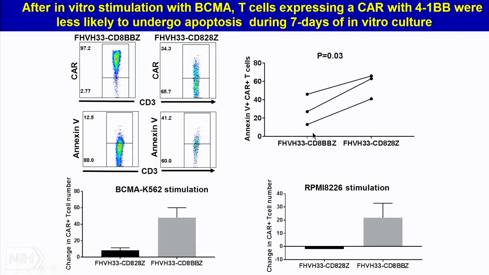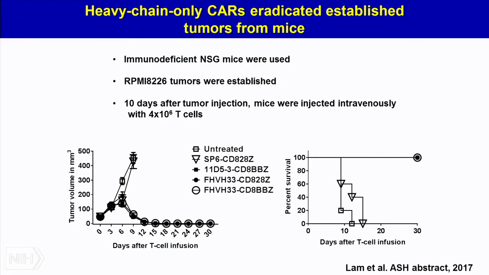This was found in 3 out of 3 patients with higher levels of apoptosis in the CD28 expressing CAR T cells. If we just look at accumulation of total number of CAR T cells, it was much better with the 4-1BB with in vitro culture. We have some preliminary data showing the same thing in mice, but that's not really ready to present yet.